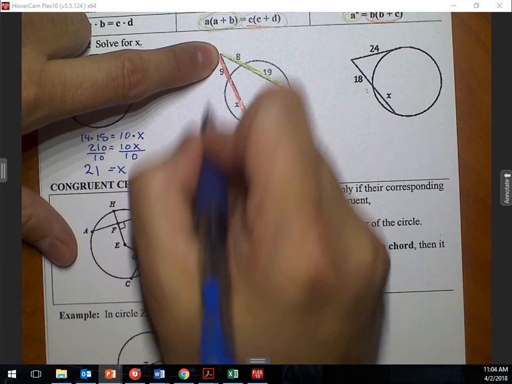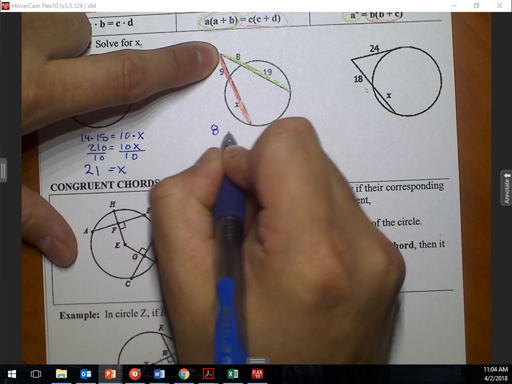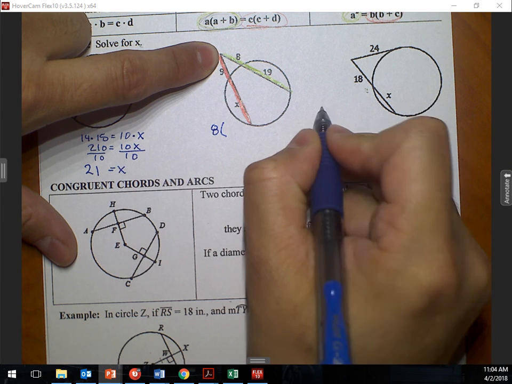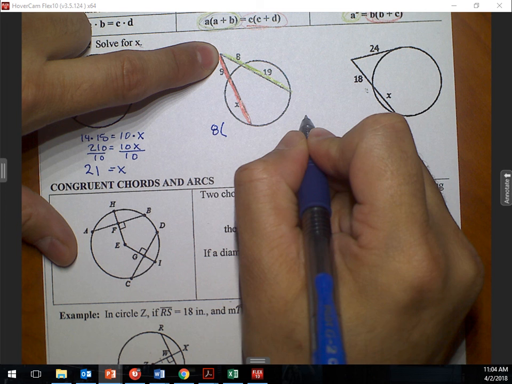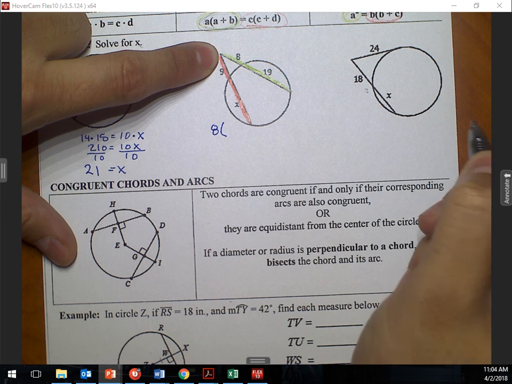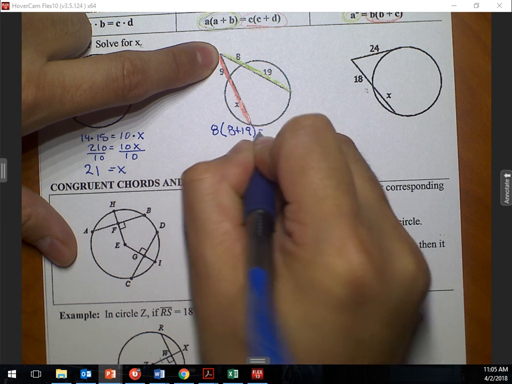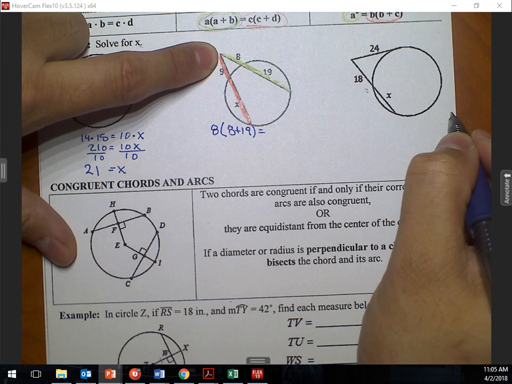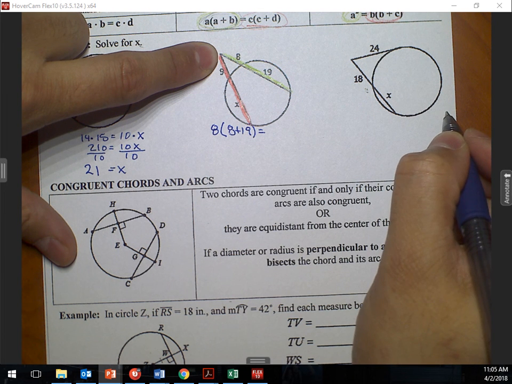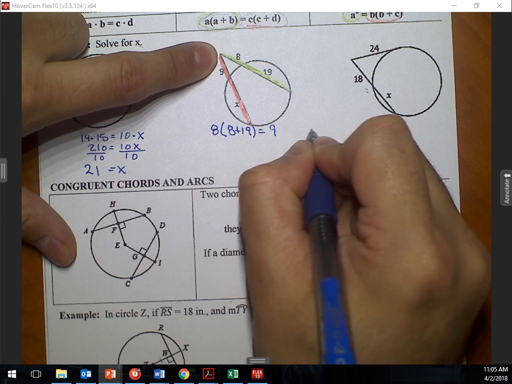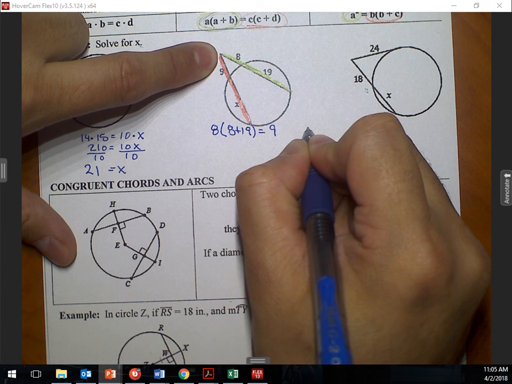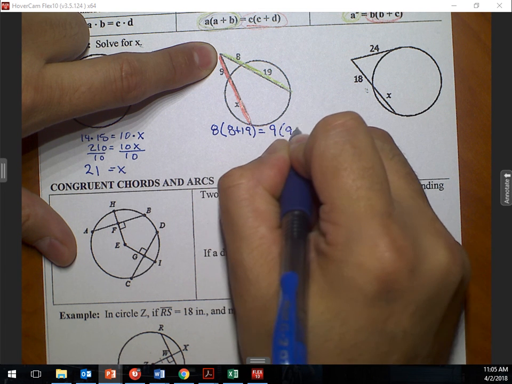So it's going to be 8 parentheses. What goes next? 8 plus 1, 9. Parentheses 9 plus x. Excellent.